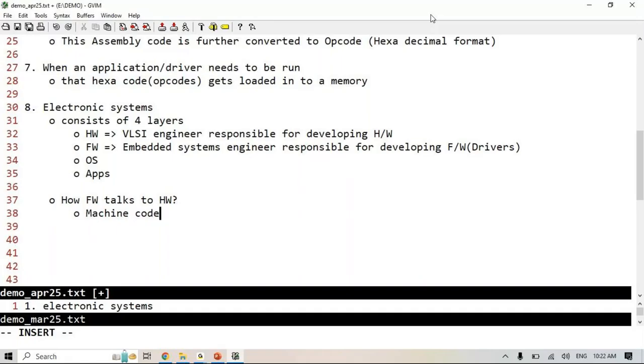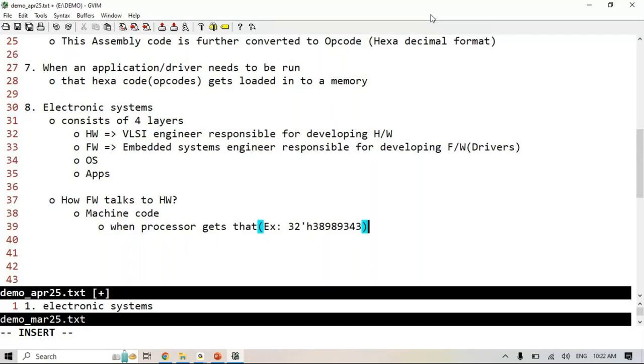Machine code is some kind of code which, when the processor gets it, for example, I'm just giving one example, in real life it will be millions of such things.